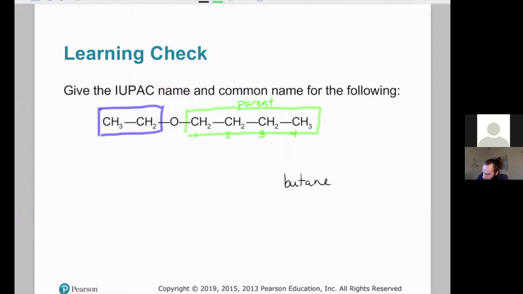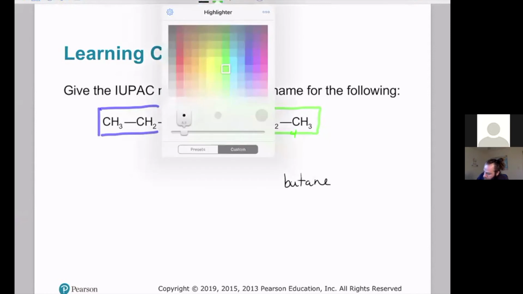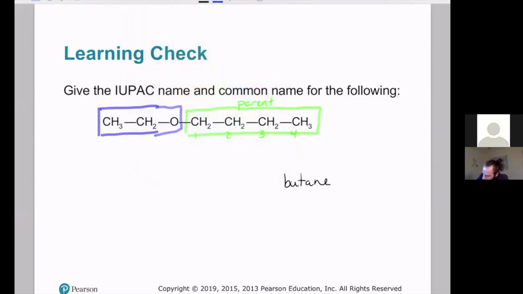And then that means I'm going to lump my oxygen in with this smaller group here. Over here, I have 2 carbons. So this is going to be ethoxy. And so this would be 1-ethoxybutane. If I wanted to do the common name, it would be a little bit easier.